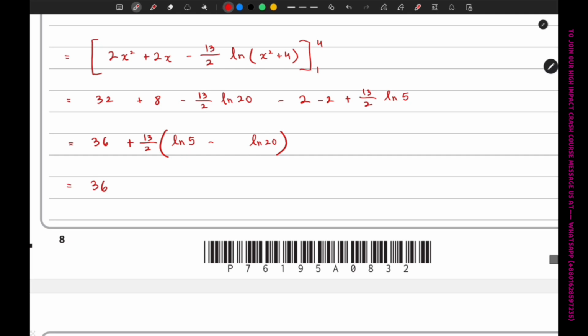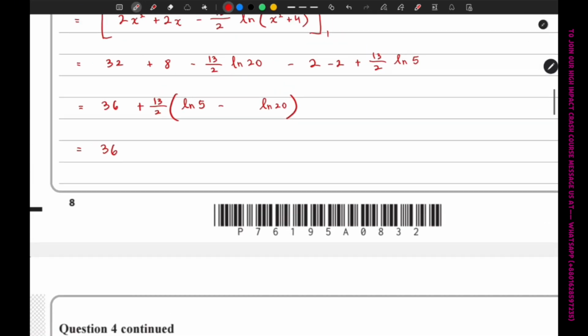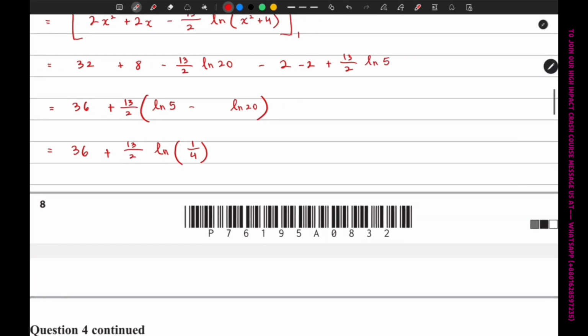So since the base of the log is same, I can write it like ln 5 over 20, because as we know from the formula that if two logs have same bases and there's a minus sign in between them, you can write it like this, log a over b. Right. So I can write it like 13 over 2 ln 5 over 20, which is 1 over 4. So that's basically 36 plus 13 over 2 ln 1/4. Okay, so I think that's the answer.